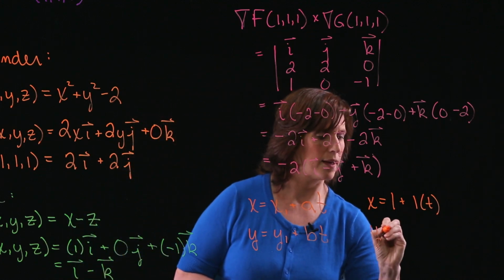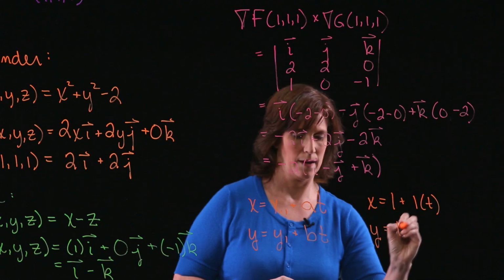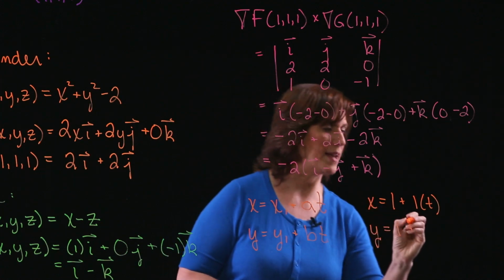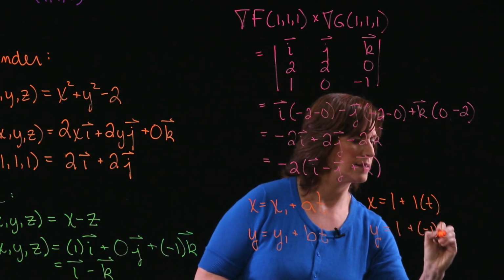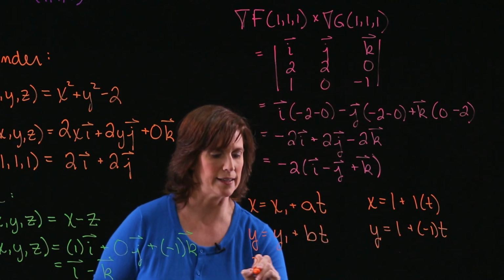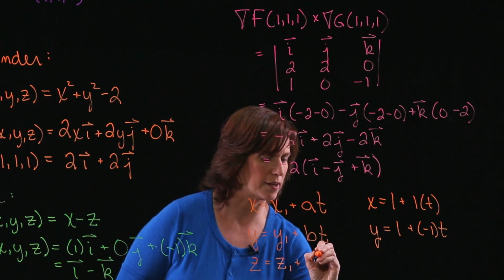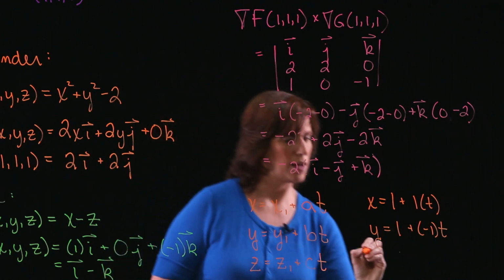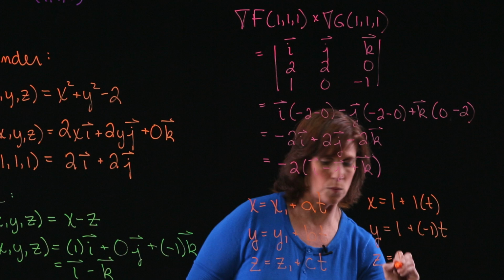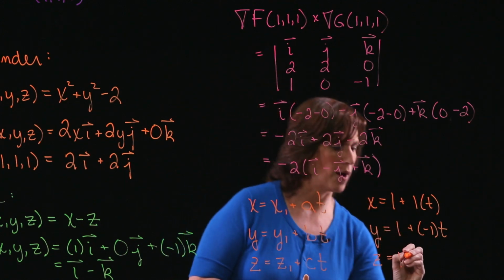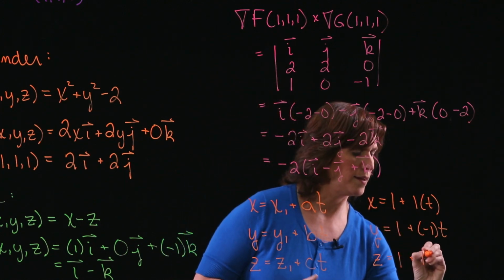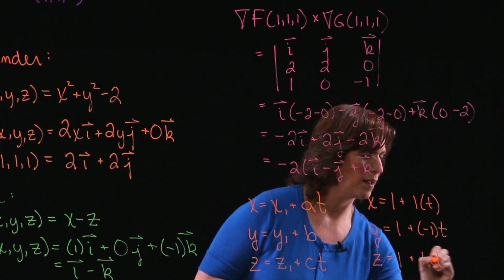So y is going to equal 1 plus its direction, negative 1, times t. And finally, z is going to be z1 plus its direction times t. So z is going to equal 1 plus its direction, 1, times t.